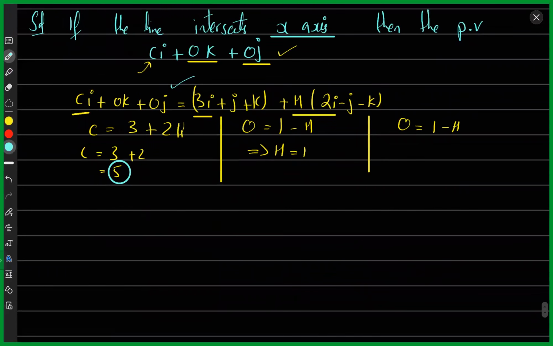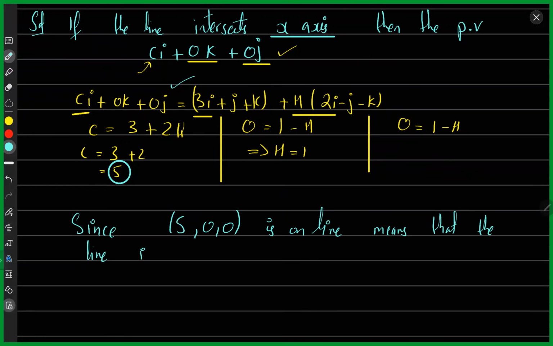So finally, we can write it as: since the point (5, 0, 0) is on the line, it means that the line is intersecting the x-axis. Okay, and this is what you were asked to prove.